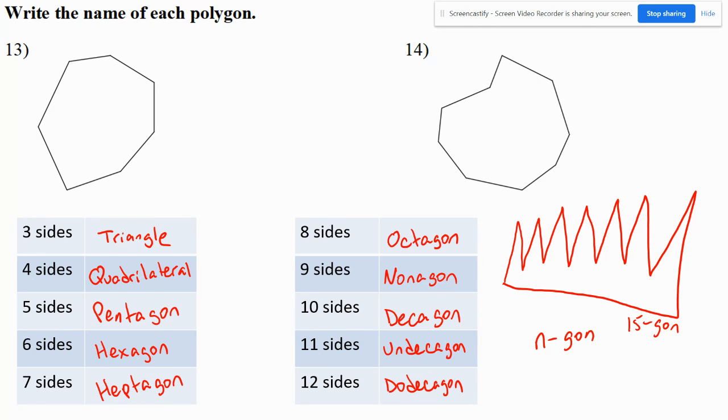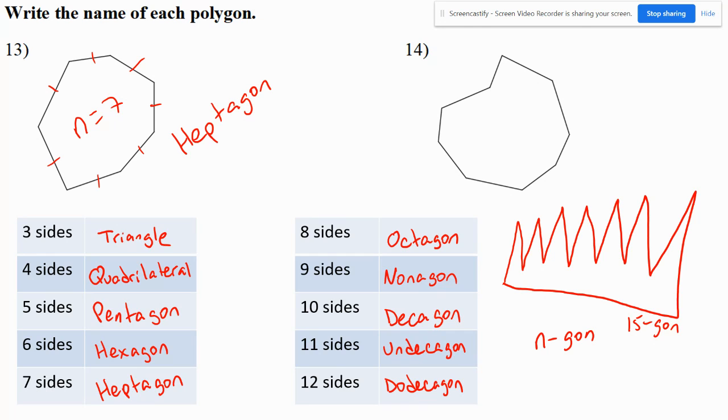But let's take a look. Question number 13. Write the name of each polygon. Let me count the sides. I have 1, 2, 3, 4, 5, 6, 7. Let me write n equals 7 for me to remember, it has 7 sides. So I'm going to call this a heptagon.